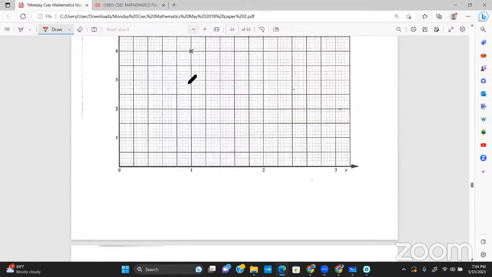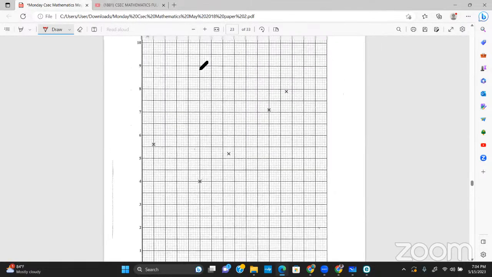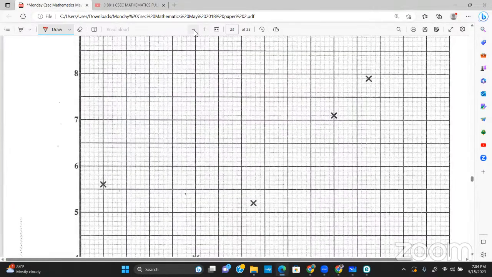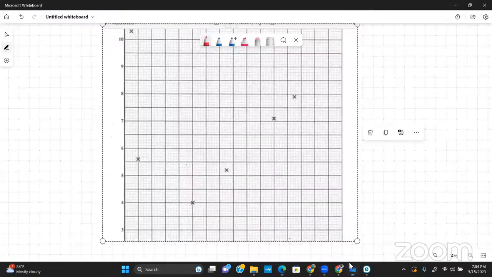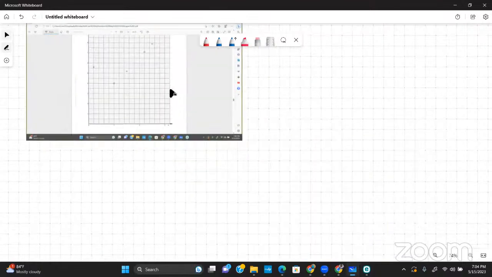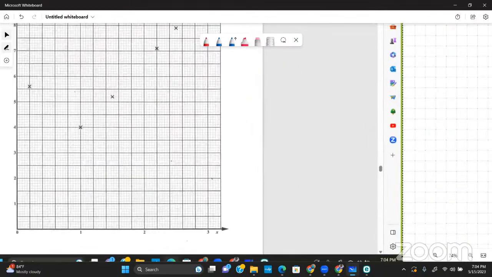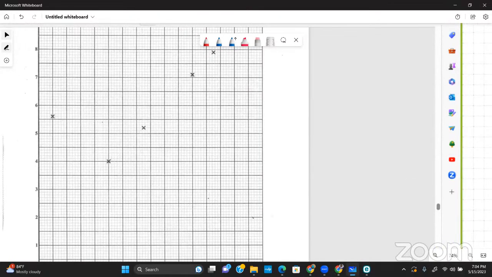Let me minimize this to something that I could capture. All right, I think that's good enough. A little bit too big there. All right, good. I'm not gonna crop it. I think it's all right. Yeah, it could work right now.